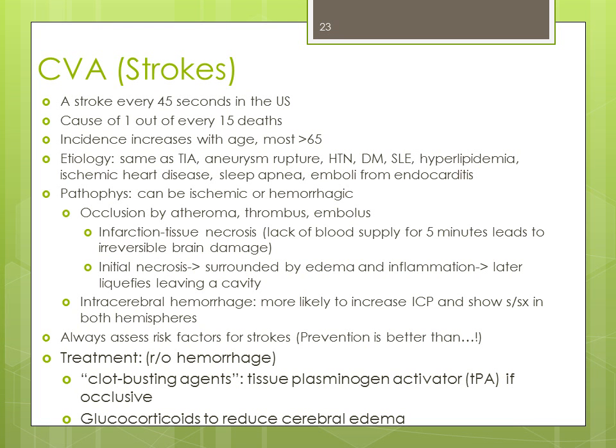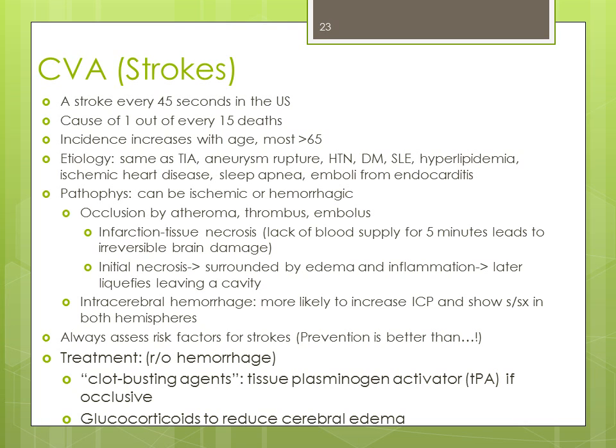In comparison, a stroke is damage to the brain cells, and usually this is going to be in people over the age of 65, and etiology is really the same as a TIA. A stroke can also happen with an aneurysm rupture, which we're going to talk about separately.